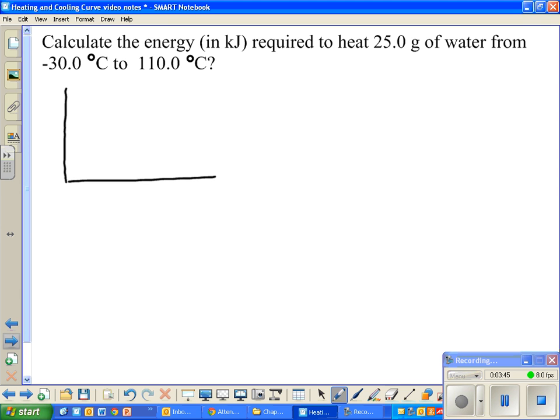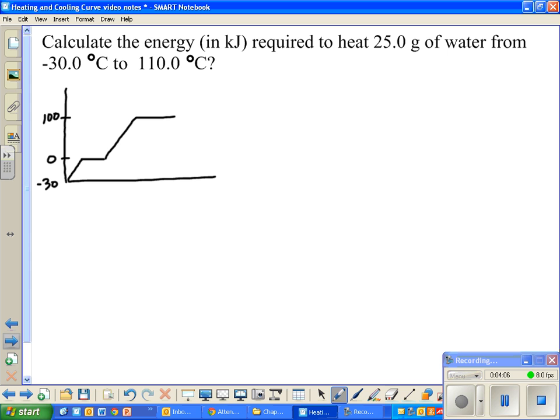Okay, if we're going from negative 30, at 0 for water is where we're going to melt, since we're adding heat. And then the temperature is going to increase once it's all melted up to 100 degrees. And there you're going to have your boiling.